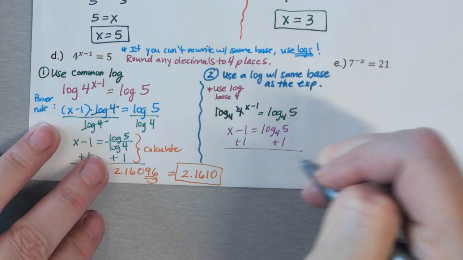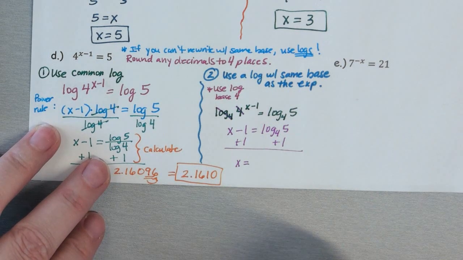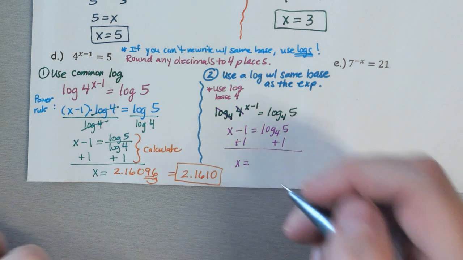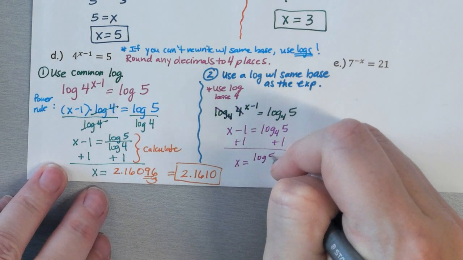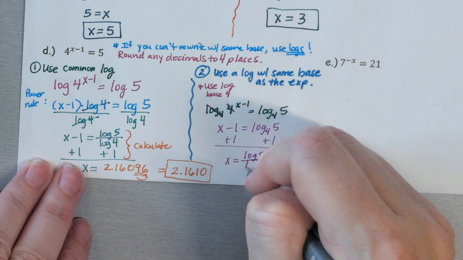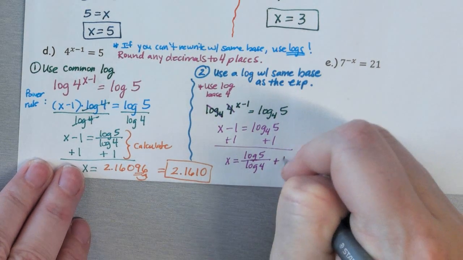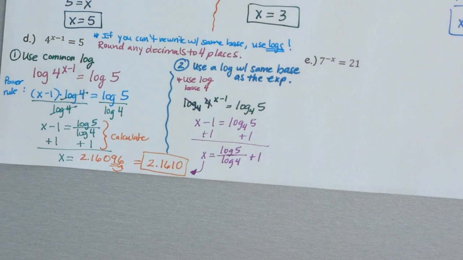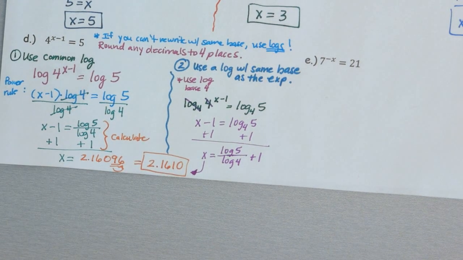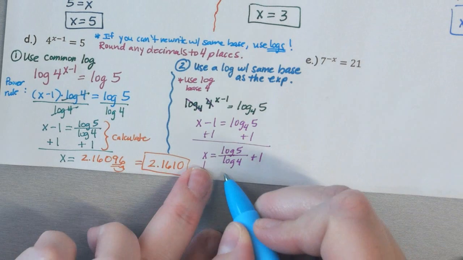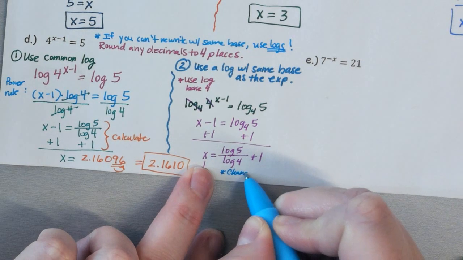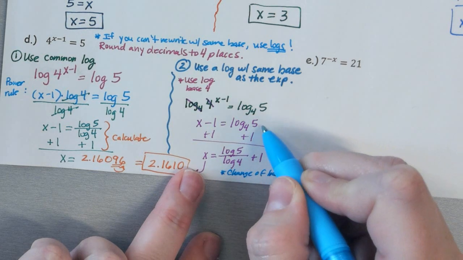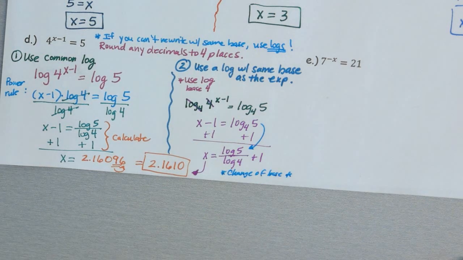Isn't that my change of base formula? So log base 4 of 5 means the log of 5 over the log of 4, and then plus 1. And guess what? You get the same thing that you did before. That's how you get from here to here: change of base.